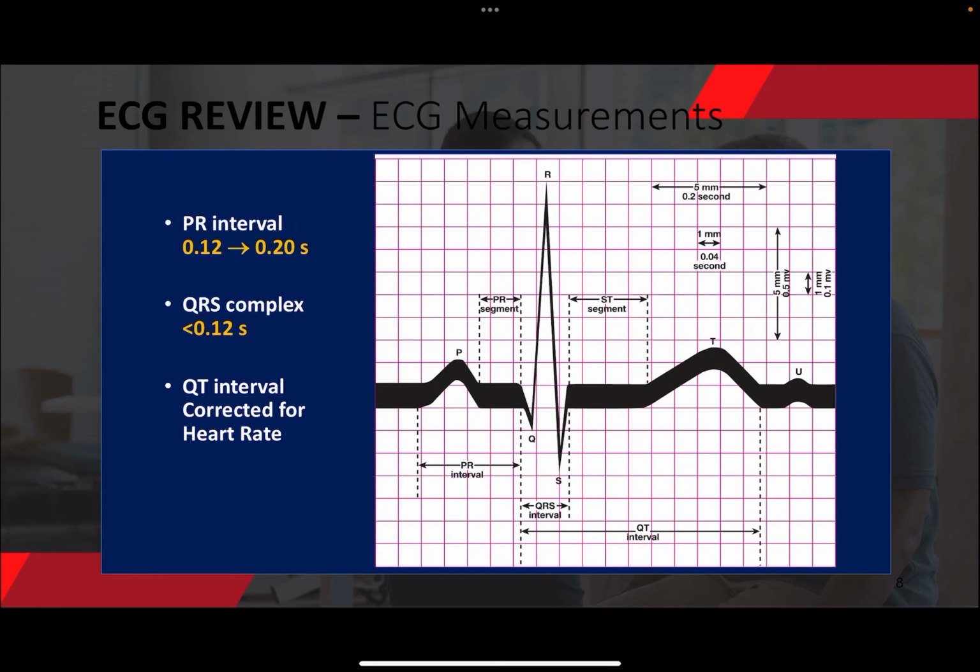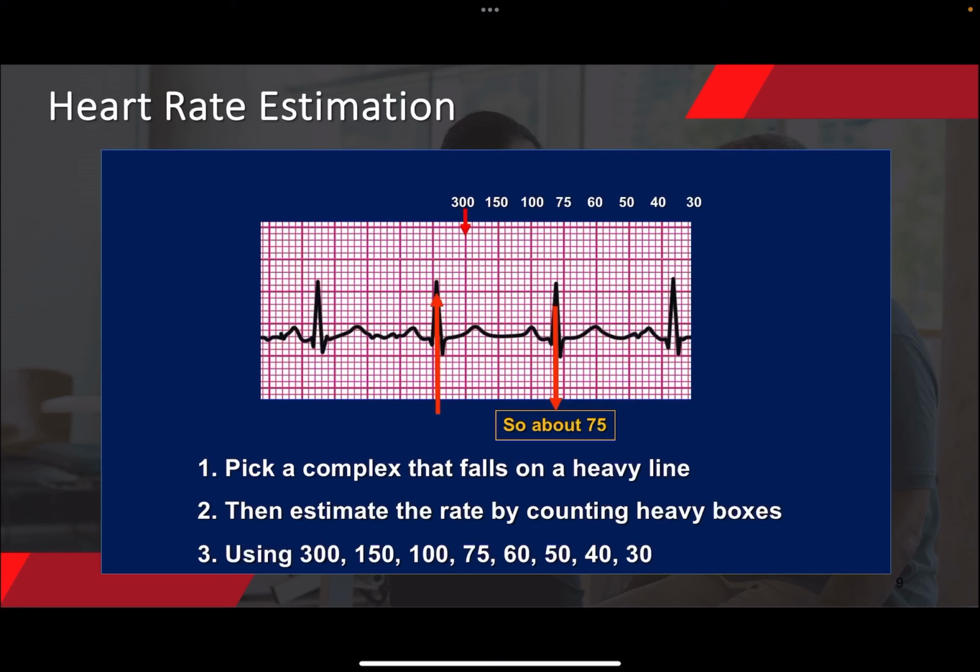Okay, PR interval, it should only be like 0.12 to 0.20 seconds. And then QRS complex, a normal narrow QRS complex should be less than 0.12 seconds or 3 boxes there.